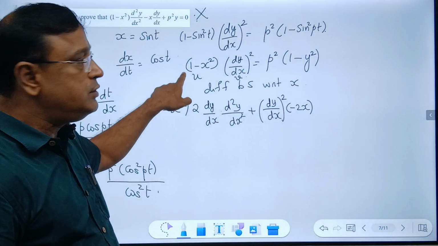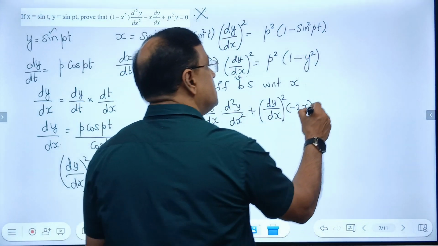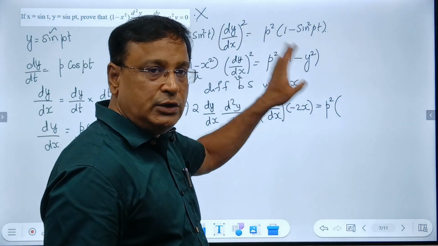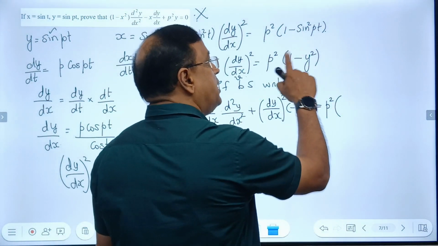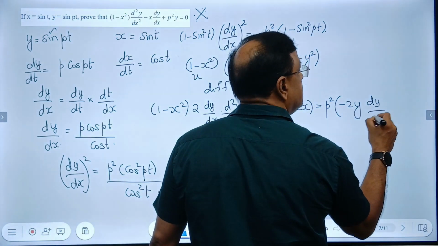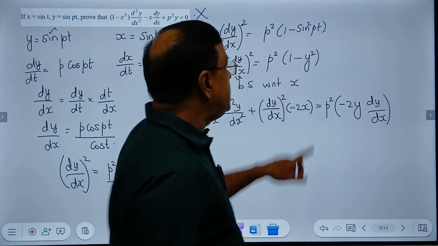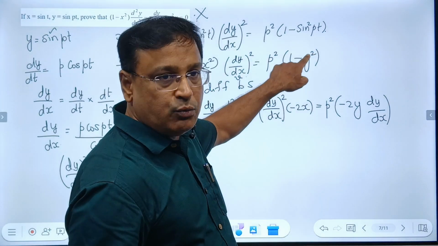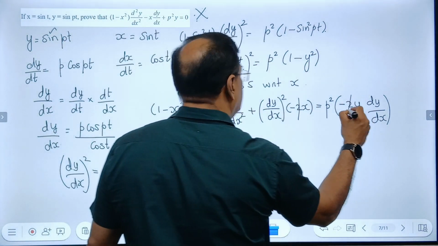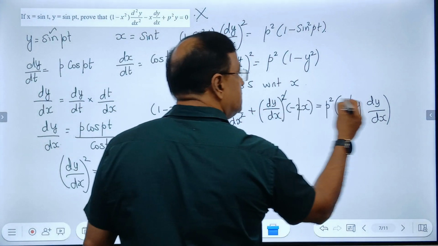Differentiation of 1 is 0, minus x square is minus 2x. p square is a constant, and differentiation of 1 is 0, so I am not writing that. Minus y square will be minus 2y into dy by dx. Chain rule again. First I differentiate the power, then I differentiate y. Don't forget that. 2 gets cancelled. dy by dx gets cancelled.